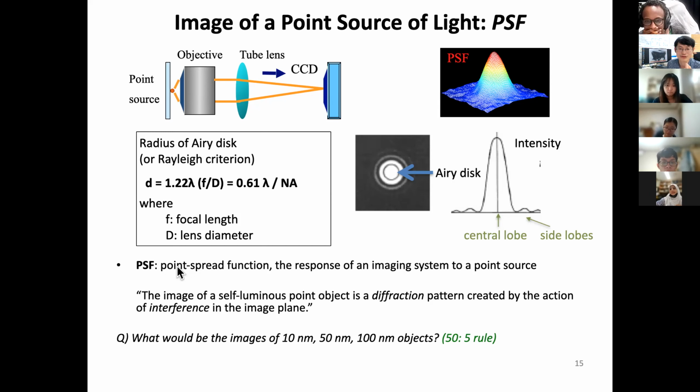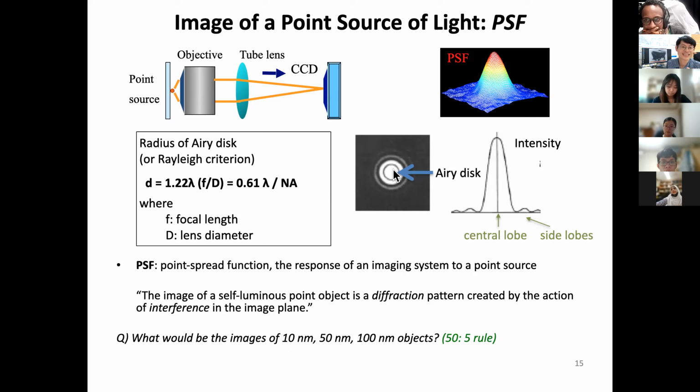If you take an image of a point, you will get a 300 nanometer image, that's the Airy disk. When I say point, that probably means 1 nanometer or below. Now you take a picture of a 10 nanometer object. It is smaller than this, and you will still have blurring of this size.